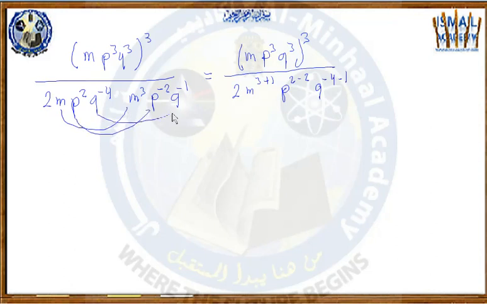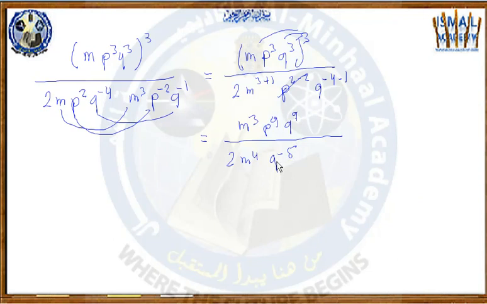We cross out the p because it's going to be 0. So I will have 2m^4 q^-5, and for the top, I distribute the exponent. So I got m^3 p^9 q^9. Is that clear?